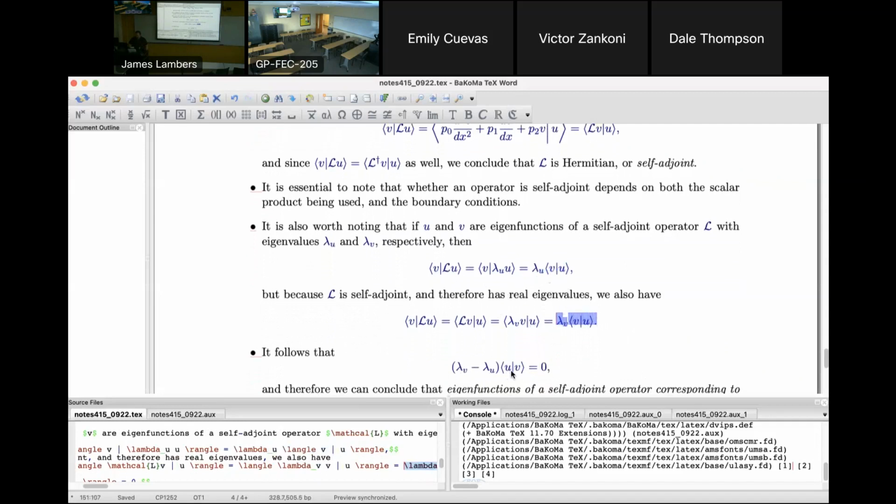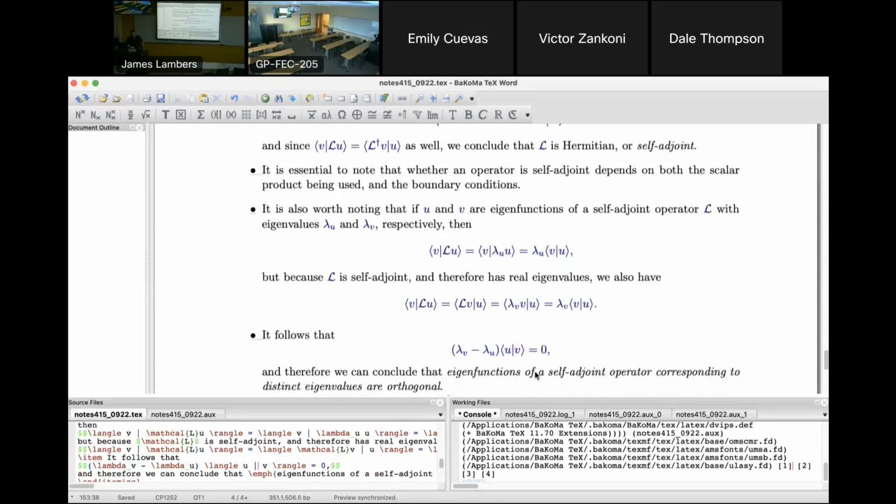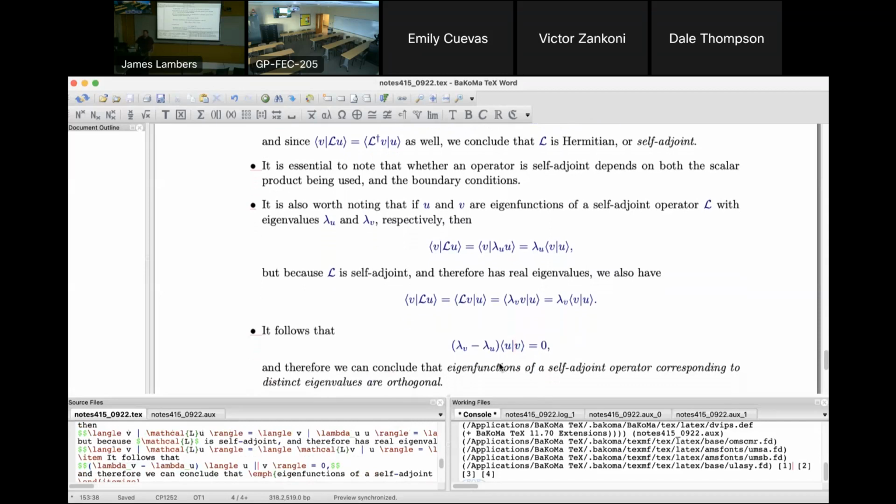So if I write it this way, everything on one side, I have lambda V minus lambda U times the scalar product of U and V must be 0. So what that means is, if the eigenvalues for U and V are distinct, the two eigenfunctions must be orthogonal. That's a very helpful property of self-adjoint operators. Why we like operators to be self-adjoint is because they have orthogonal eigenfunctions.